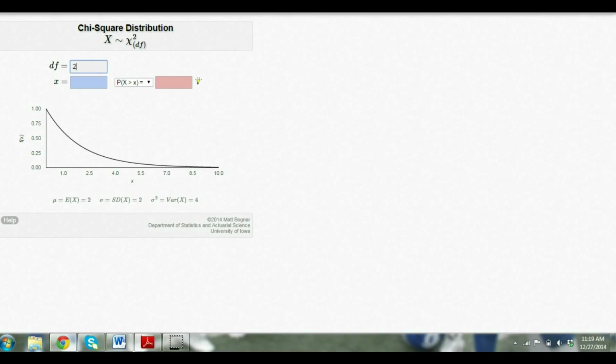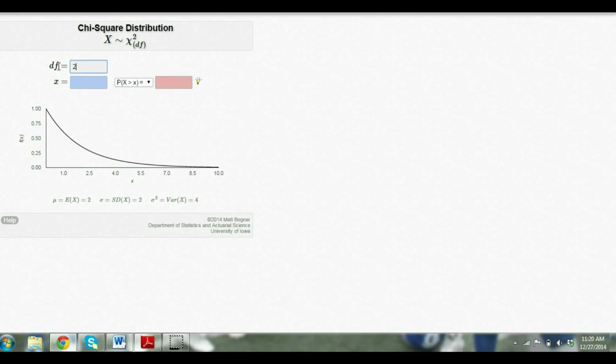So we no longer use a z distribution, we use this thing called a chi-square distribution, which is in front of you. And this chi-square distribution is a dynamic distribution, that is, it changes shape depending on this measure here. This df here is called degrees of freedom, and degrees of freedom is a measure of how many different categories you're comparing.